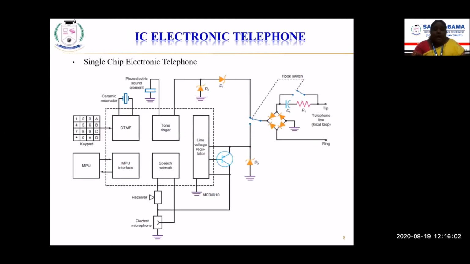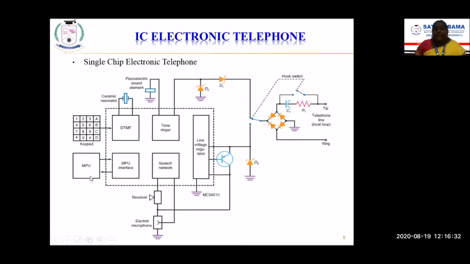And this is a picture of the standard IC electronic telephone. This is the detailed internal structure of a standard electronic telephone, a single-chip IC. This is the DTMF circuit, where we have the keypad, the push buttons, connected to a ceramic resonator which generates the corresponding frequency of signals in order to identify the number being pressed.